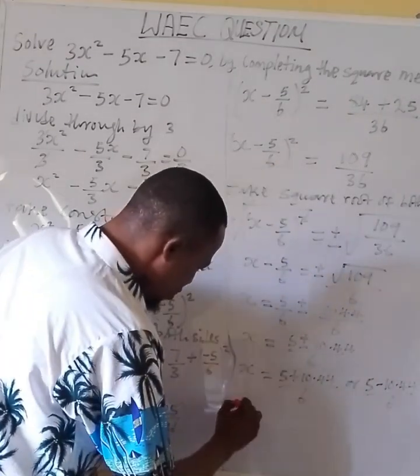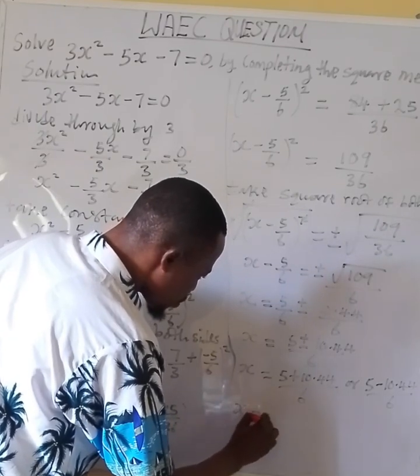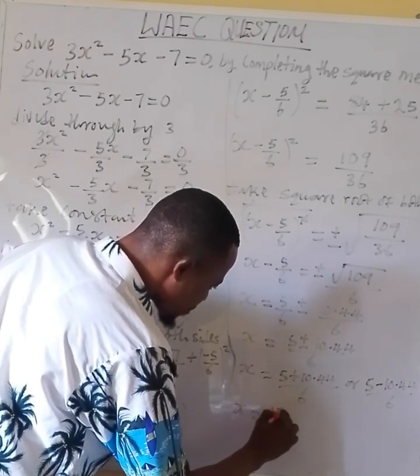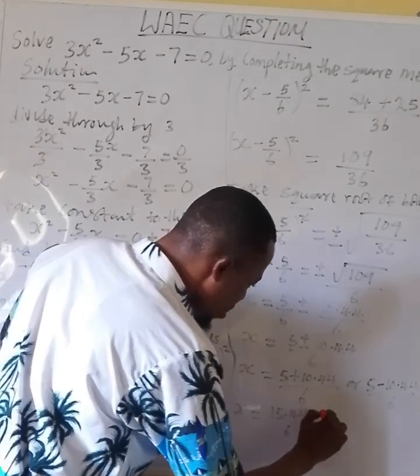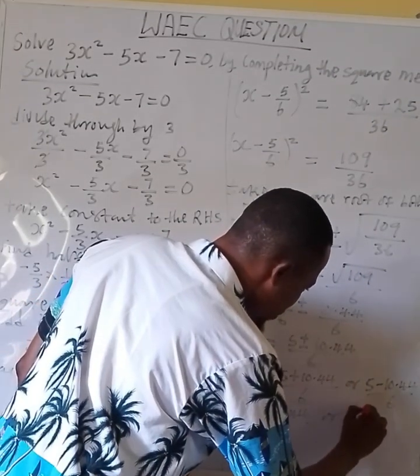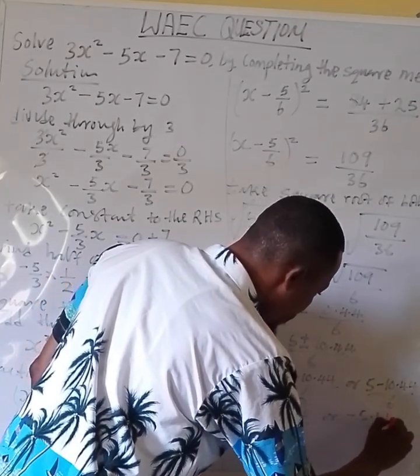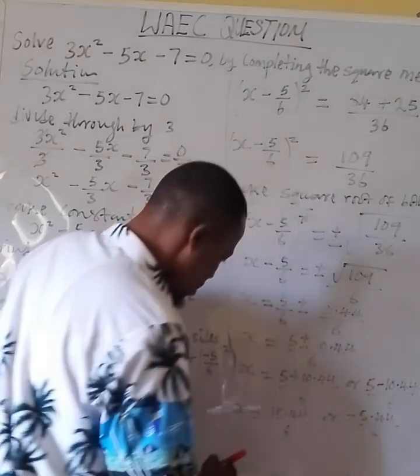So therefore x equals to, this one will give us 15.44 over 6 or minus 5.44 over 6.